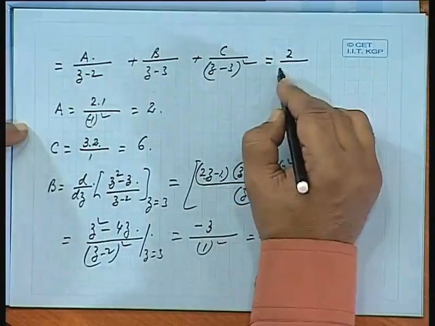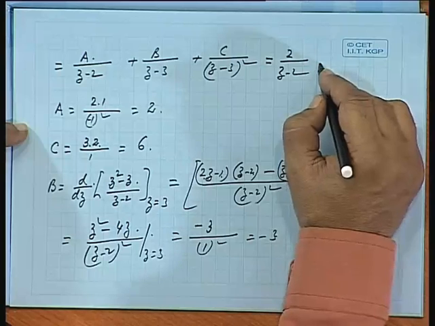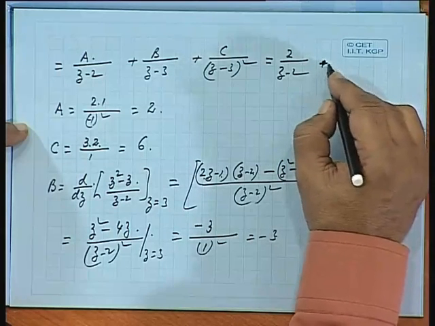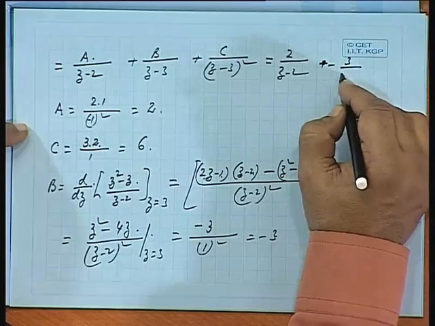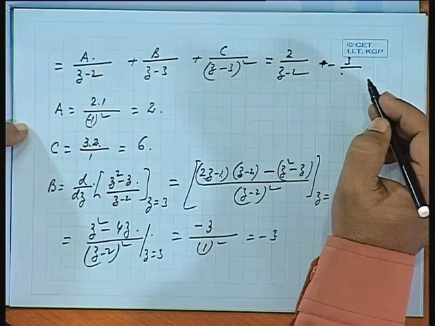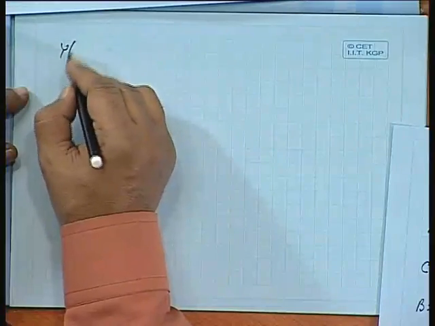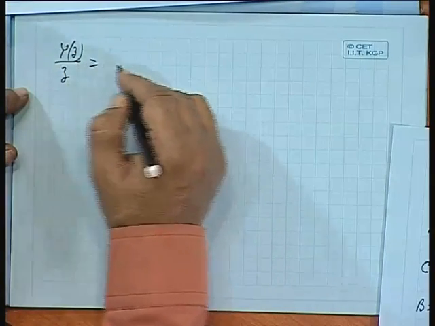So, 2 by z minus 2 plus, sorry, minus 3 by... was there any mistake? I should have factorized, I told you, Hz by z. Okay. So, one z should have been reduced. So, Yz by Xz first of all you should compute.